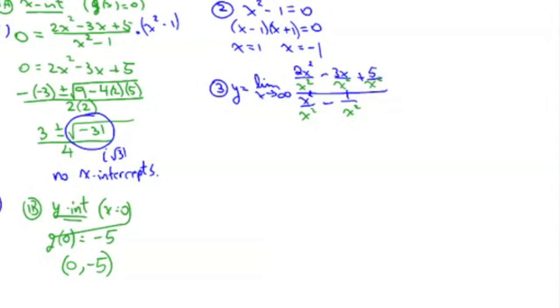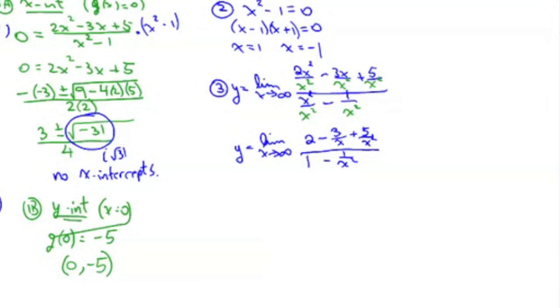So this becomes y is equal to this ugly mess. 2x squared over x squared is 2, minus 3x over x squared, which is 3 over x, plus 5 over x squared. The last one can't simplify. Over x squared over x squared, 1 minus 1 over x squared. And this one doesn't simplify.